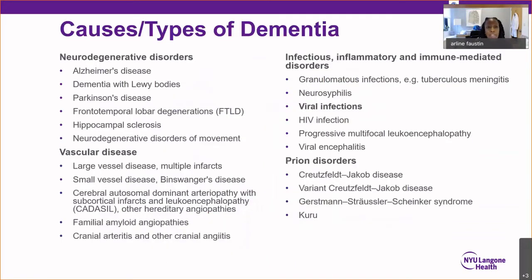Okay, so this lists the many, many types of causes of dementia that we know of. Over here on the top left, we have the neurodegenerative causes, which we just discussed. Also, some other ones are hippocampal sclerosis and many other neuropathological terms. Again, like I discussed, vascular disease could also be a cause of dementia.